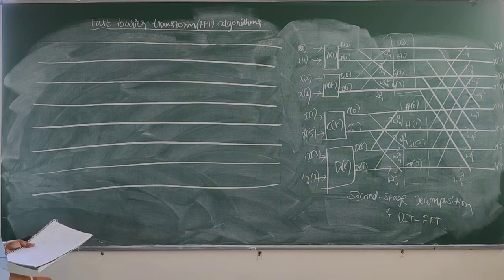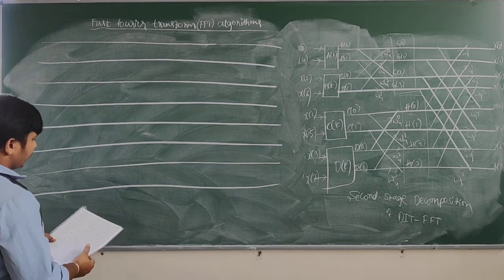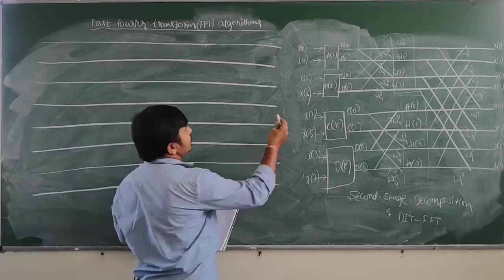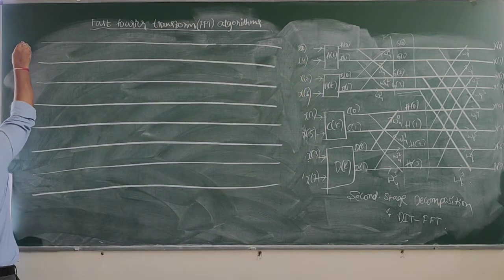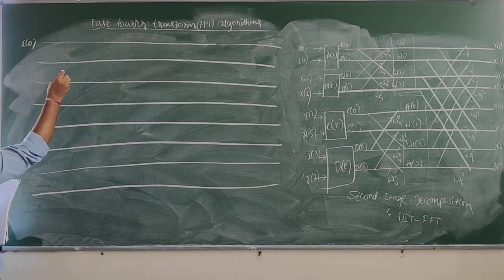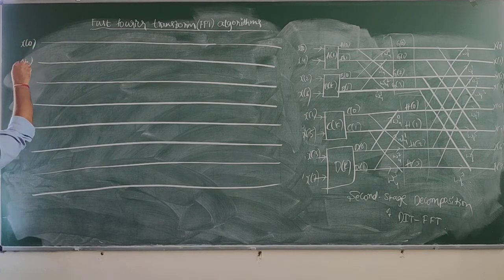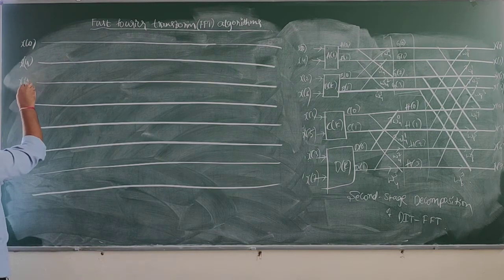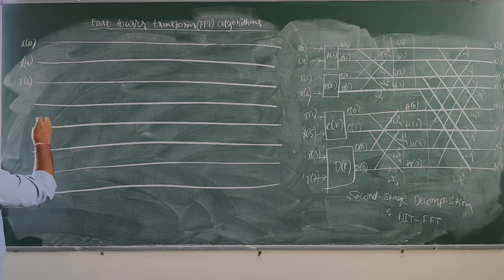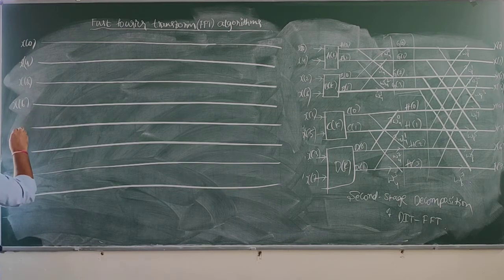Okay, so these are the 1 point DFTs. I take x of 0, x of 4, x of 2, x of 6, x of 1, x of 5, x of 3 and x of 7.